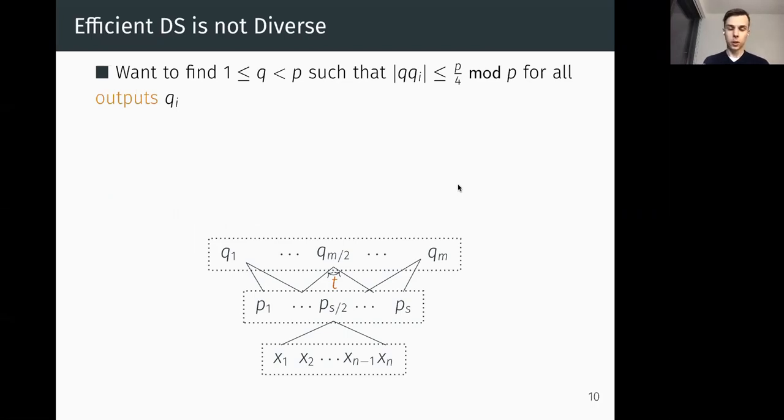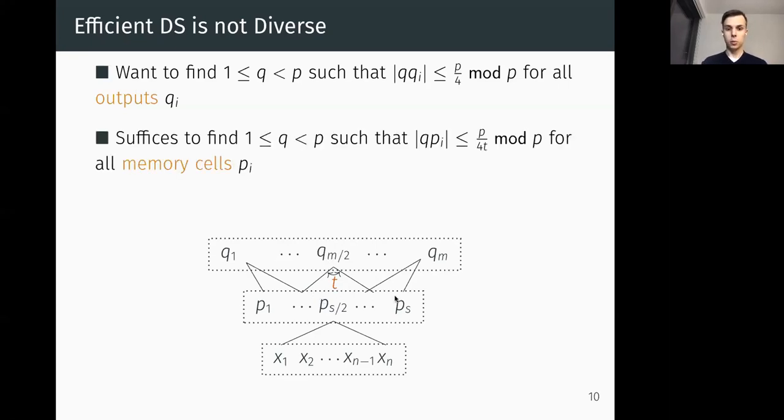Namely, we know that we're working in a group model, and so any output is obtained as a sum of at most t memory cells. And there are only a few memory cells, namely only O(n) memory cells. And so it should be easier to find such a multiple for the memory cells instead of the query outputs.